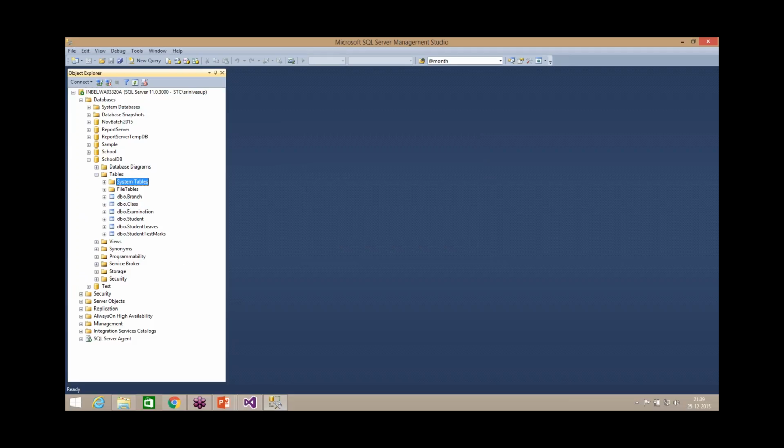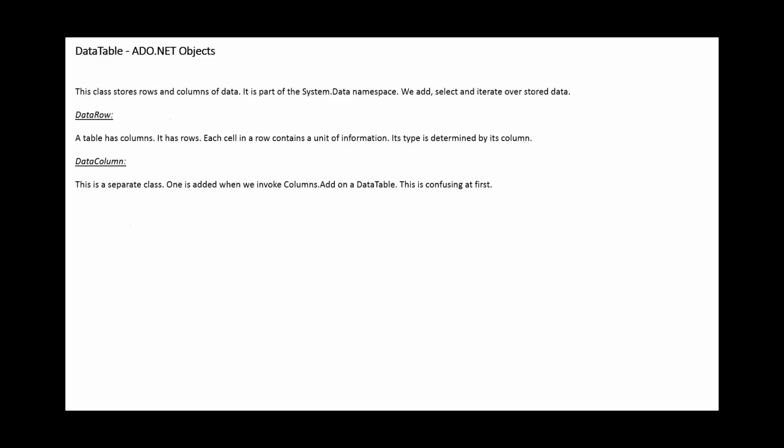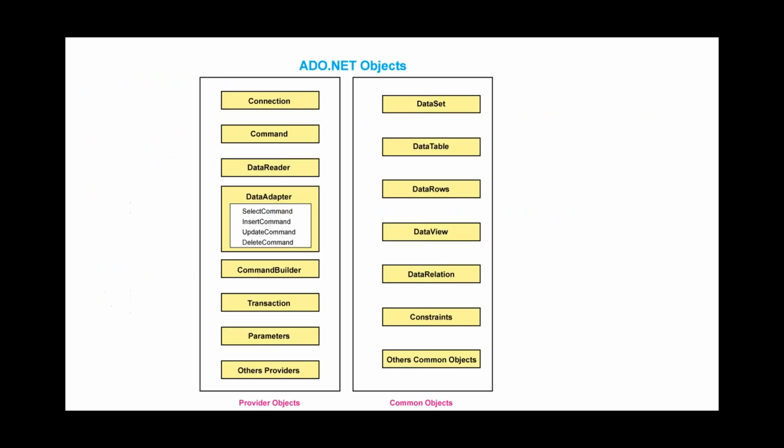Okay, all these tables I can keep in my data set. And this data set again, it is a disconnected architecture. Disconnected means you need not connect to your database. So the data tables, for your choice you can create. But whereas data reader, if you see the left side ones, these work with a live connection.